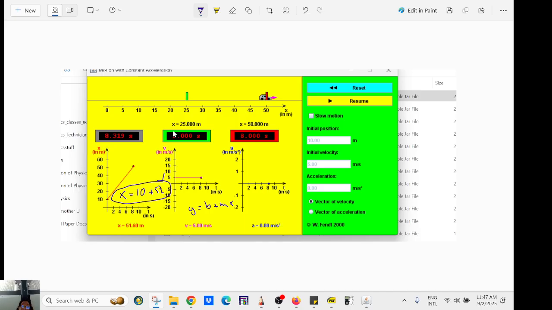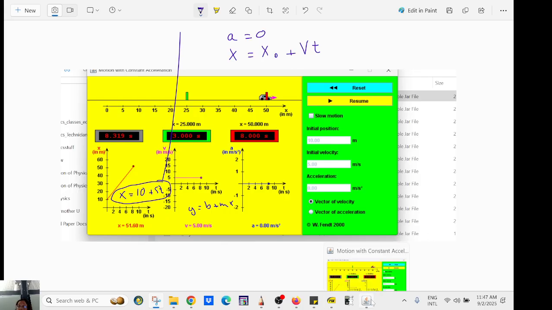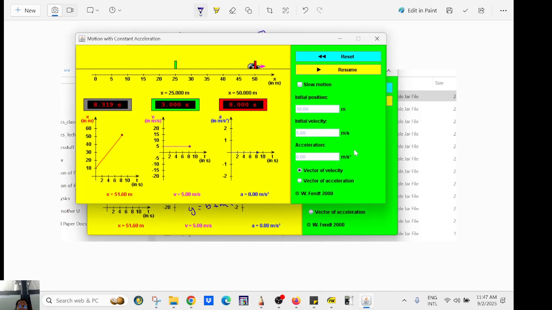Agree? So if there is no acceleration, the position at a given time is the initial position plus velocity times time. You have the link in Canvas.